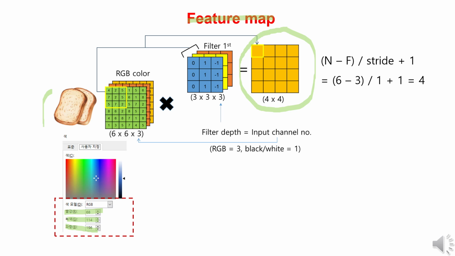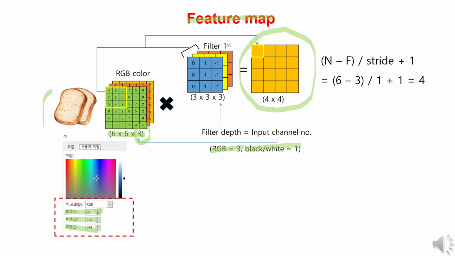So, the input image has 3 channels, and we represent its dimensions as something like 6 by 6 by 3: 6 by 6 for the width and height, and 3 for the number of channels. If it were a grayscale image, the number of channels would be 1.